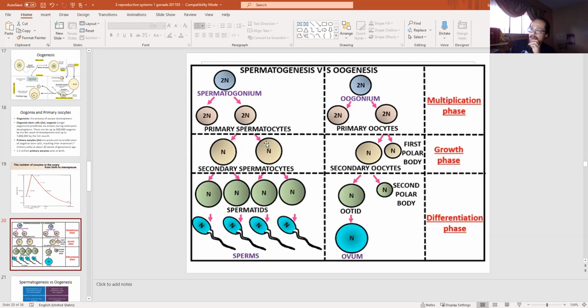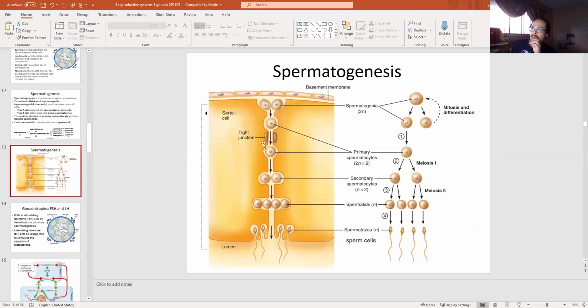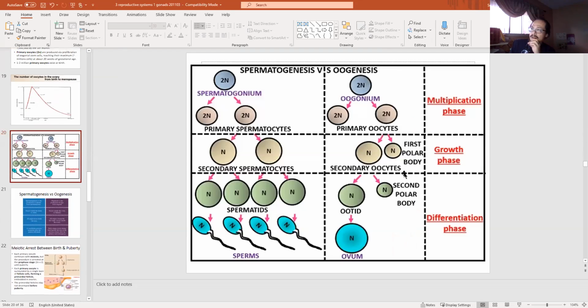This growth phase in the sperm basically goes from the basement membrane into the lumen, supported by the Leydig cells and Sertoli cells. In the oocytes, the growth is basically not growth until puberty.